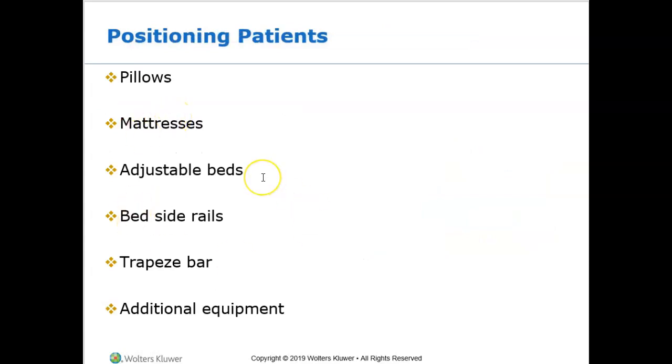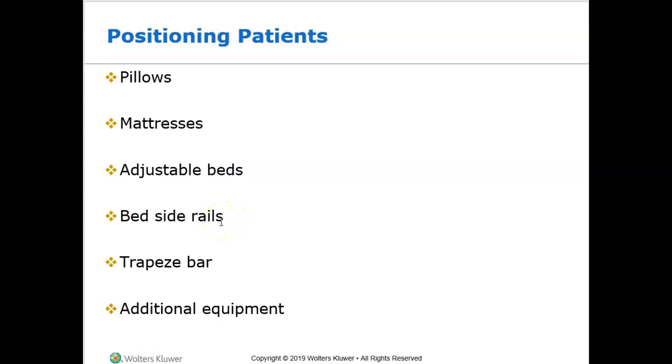If you need to position your patients because they have musculoskeletal issues or orthopedic issues, then you can use all these different things. Pillows, mattresses, you can get specialty mattresses. You can adjust the head of the bed, the foot of the bed. Use side rails if you need to. Remember, they don't use them in long-term care, but we use them in acute and we use them in the hospital.